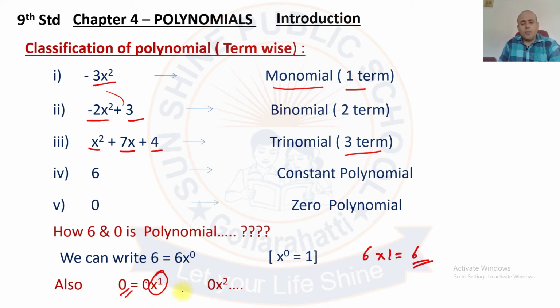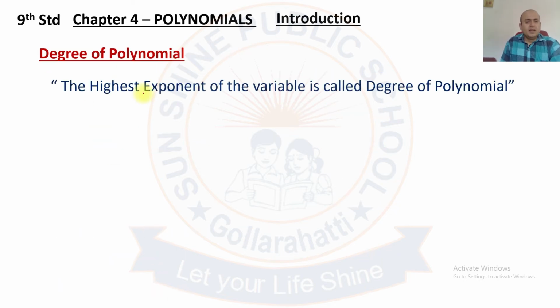Therefore we will call it a zero polynomial. So degree of polynomial: the highest exponent of the variable is called the degree of polynomial. Example is 2x square plus 3.